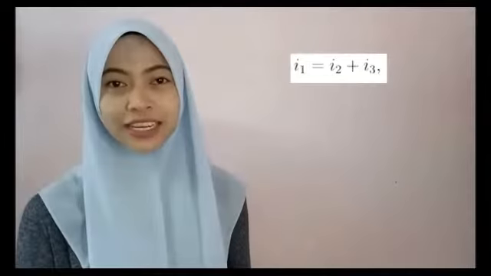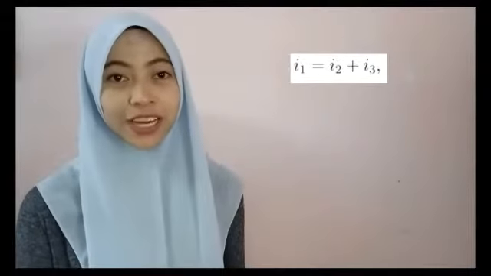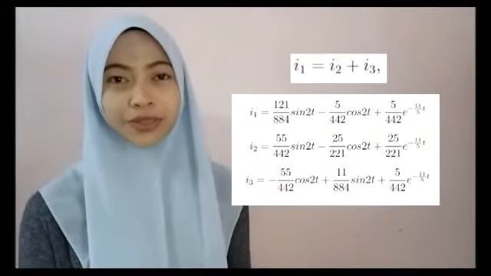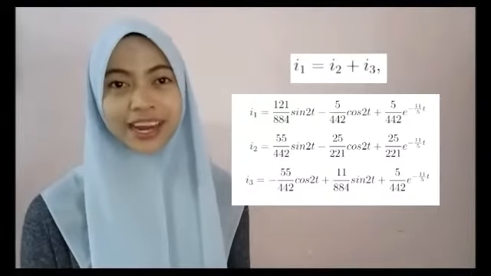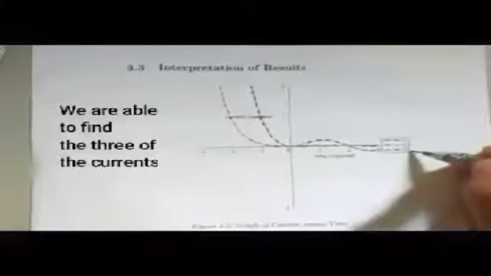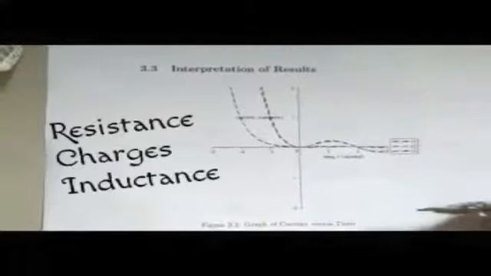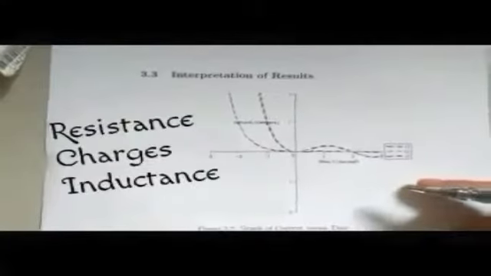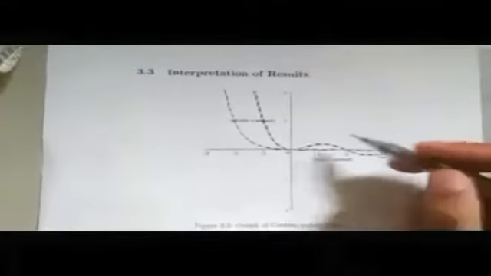Lastly, using the equation I1 equals I2 plus I3, we obtain all the currents, which are I1, I2, and I3, by knowing the values of resistance, charge, and inductance. The matrix method is being used.